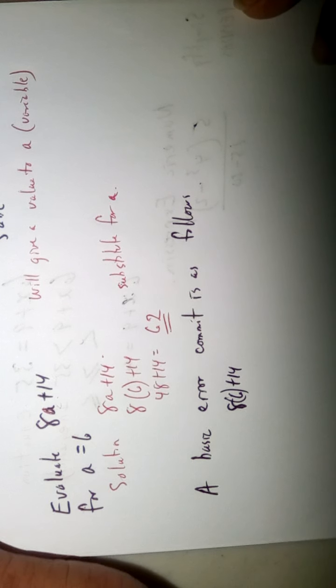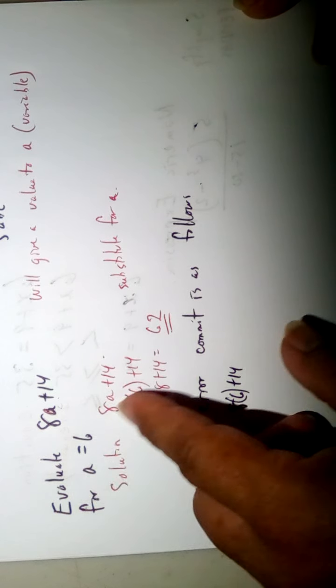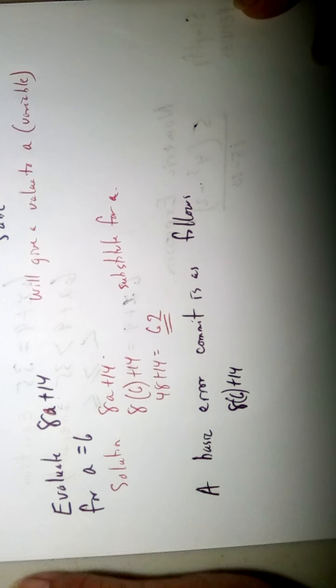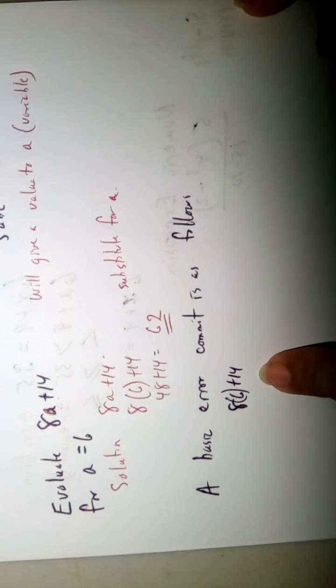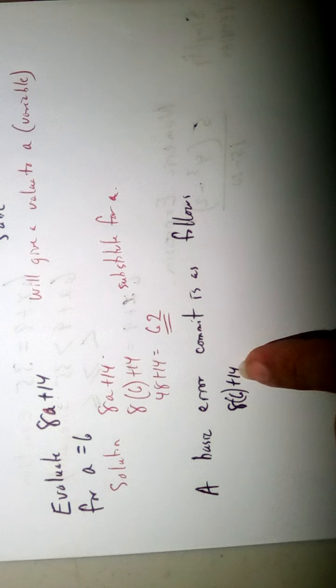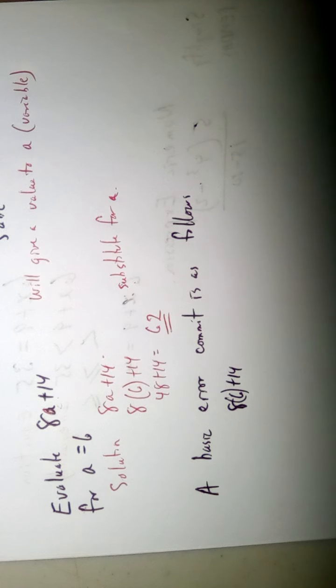So let us make it a rule that if you substitute for a value, ensure to use brackets for that substitution, because this is the error which people may do unconsciously, especially when they're doing their work. These problems also can get more complicated, but for right now we need the basics, and that is what I did in this video.